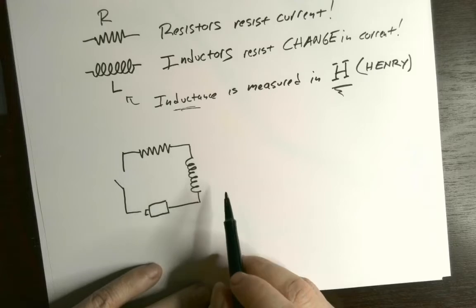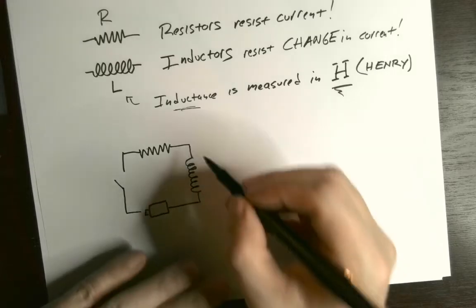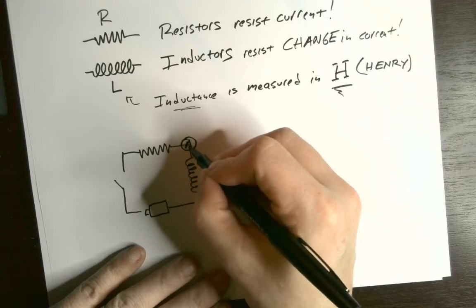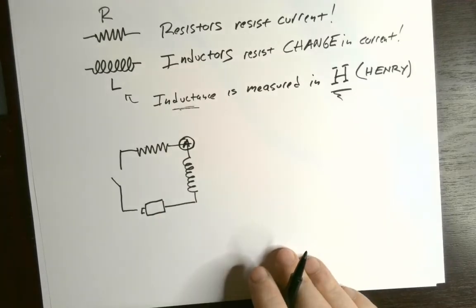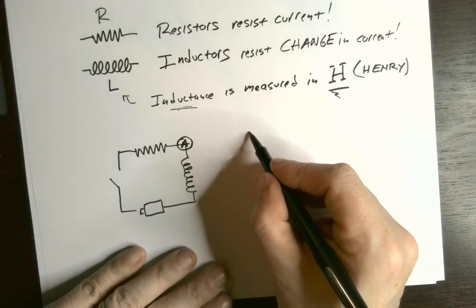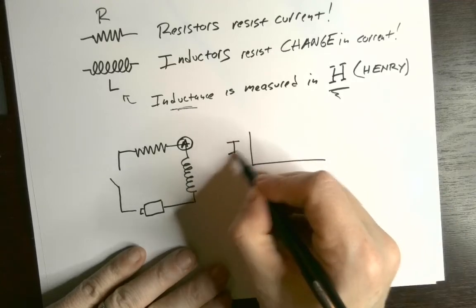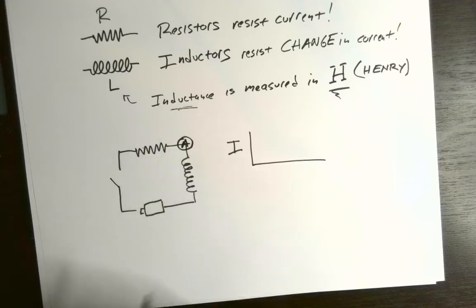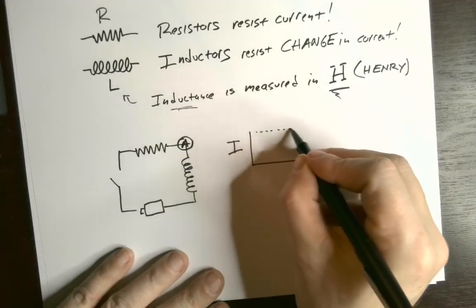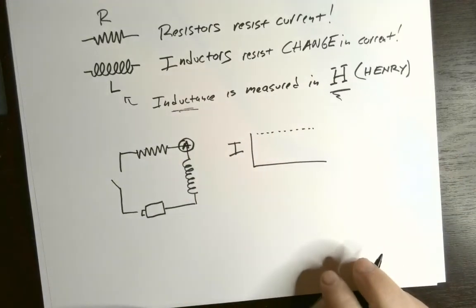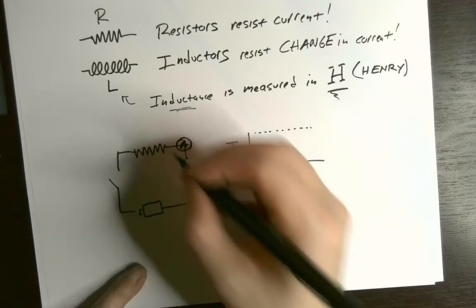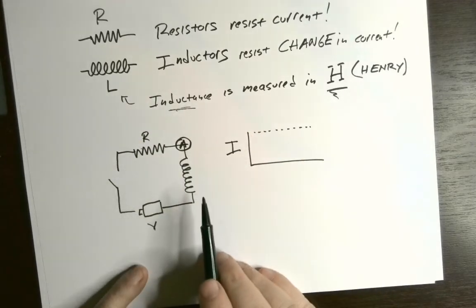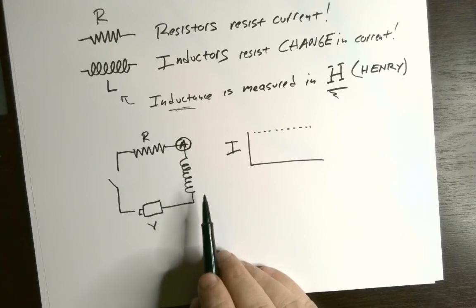What will happen to the current if I put an ammeter here and measure the current through this circuit over time? If the inductor wasn't there, the current would just use Ohm's law, V equals IR.